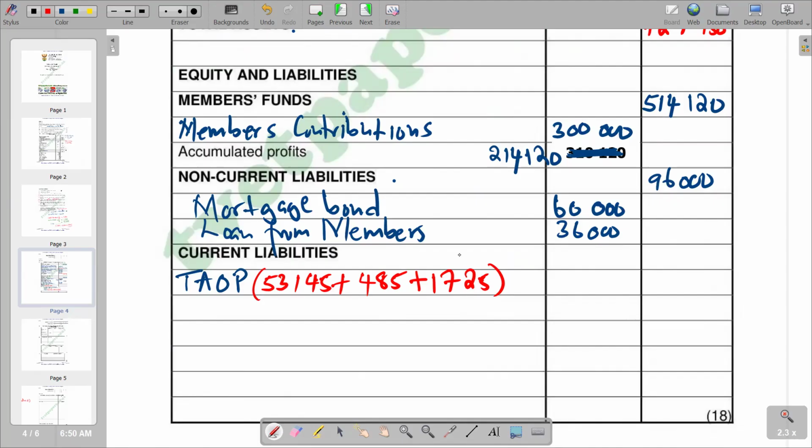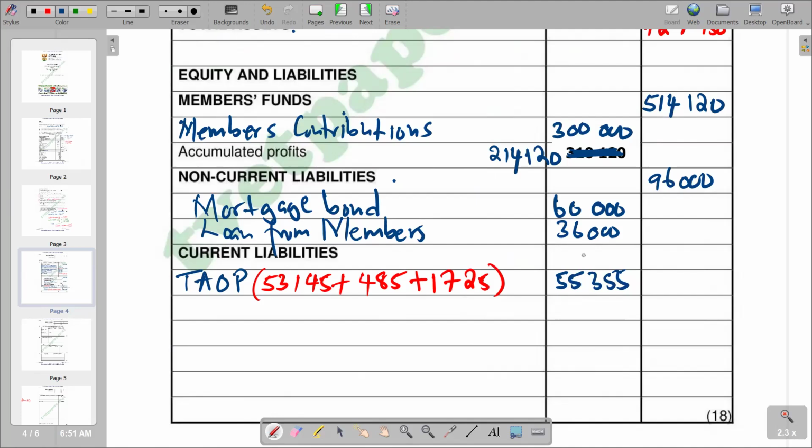Your answer is 55,355. So we can try to put our figure here: 55,355.